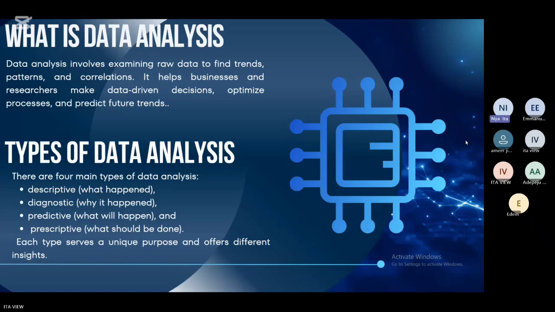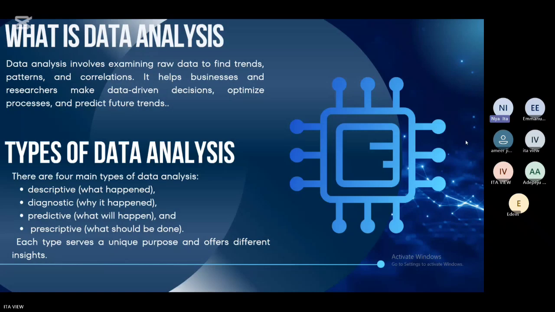The descriptive goes to what happened. Diagnostic, why did it happen? Predictive, what will happen in the future? This predictive comes with what we call budgets. This is what we use to prepare a budget. Now we are forecasting, we're looking at the future, right? And the prescriptive, what should be done?